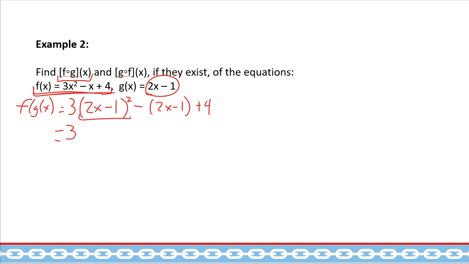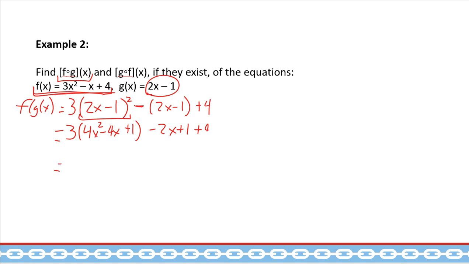So I'm going to have to FOIL this. That would give me 4x squared minus 4x plus 1, minus 2x plus 1 plus 4. I distributed out this negative here.